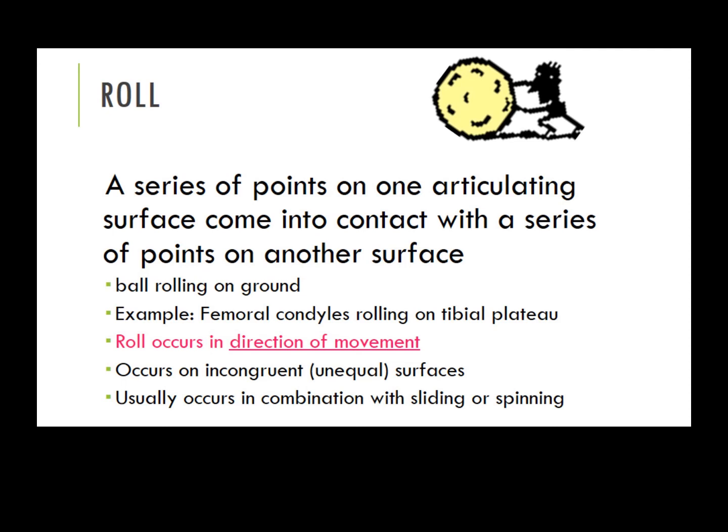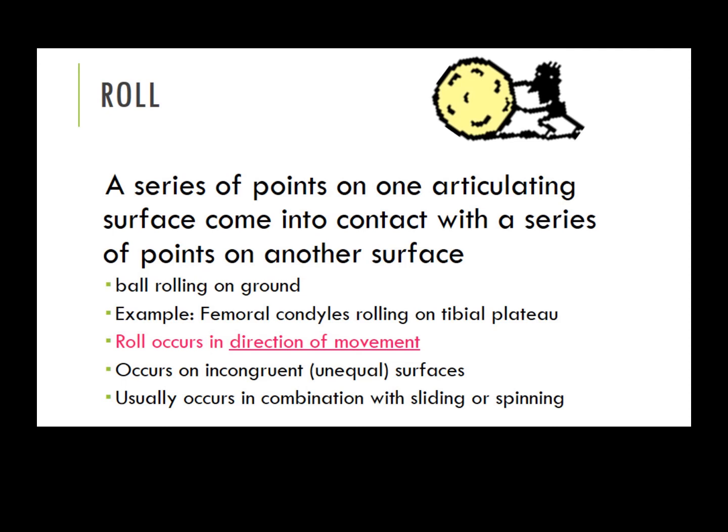Now this is a very important point, that is why I have highlighted it in red. Rolling occurs in the direction of movement. If you are talking about, for example, the humerus when you're doing abduction, in which direction is the bone moving? The moving bone is actually the humerus. While you're doing abduction, the bone is going superiorly.